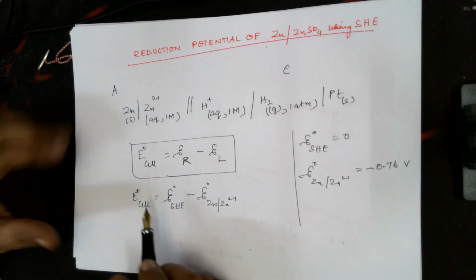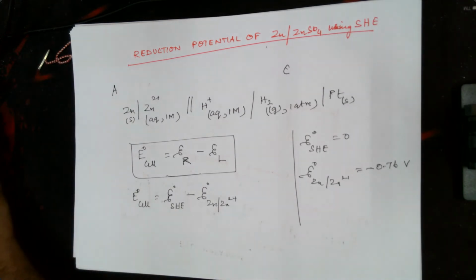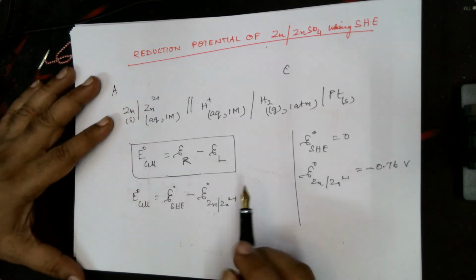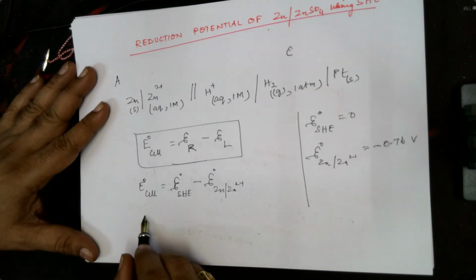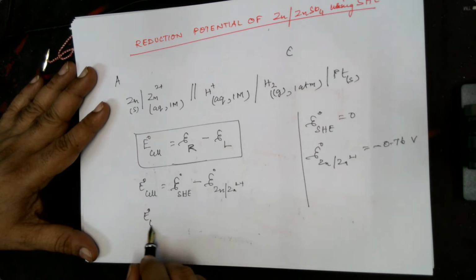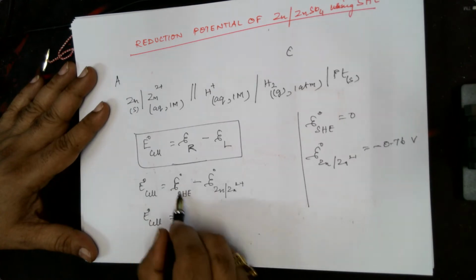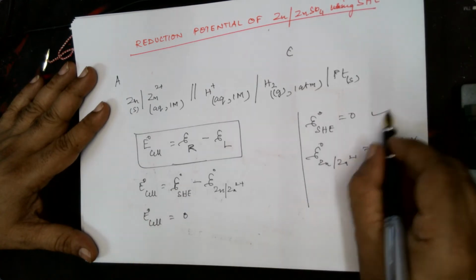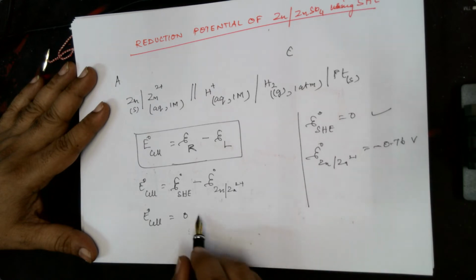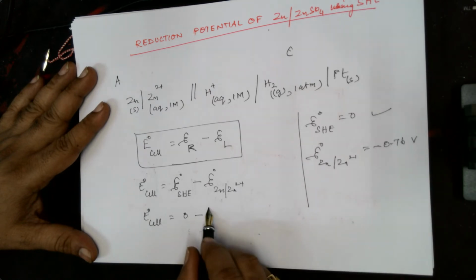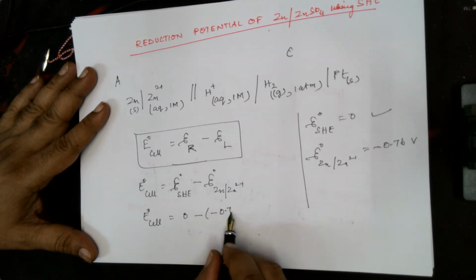Now we can substitute this. Okay. So we can substitute these values. So now we have E0 cell. This is cell EMF. And what is the potential? 0, right? And what is the potential of zinc? Minus of minus 0.76.